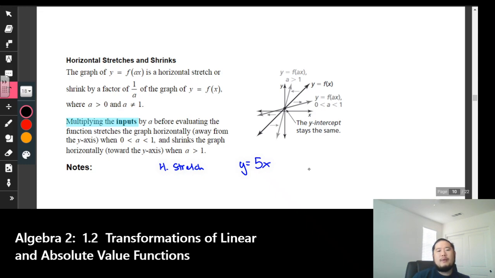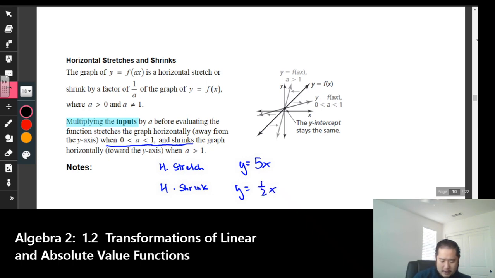That right there would be a horizontal stretch. For a horizontal shrink, it says when the A value is less than 1 and greater than 0, that's a horizontal shrink. So for example, y is equal to 1/2 x.